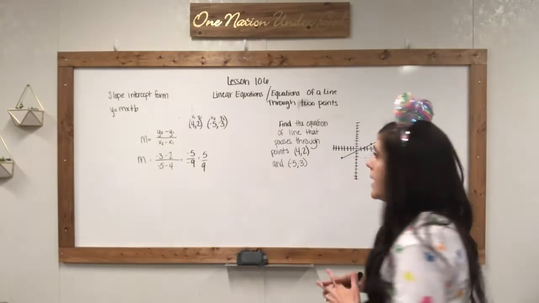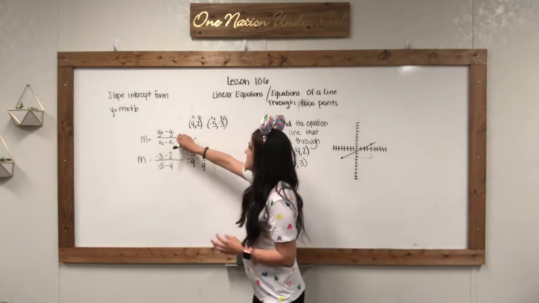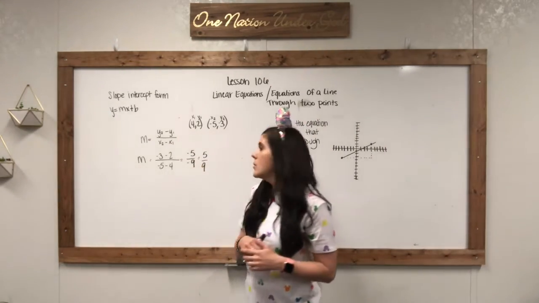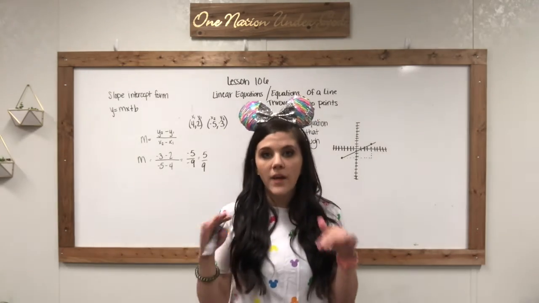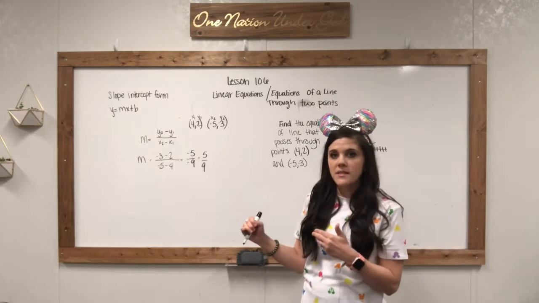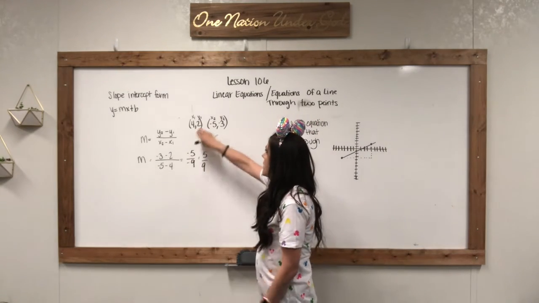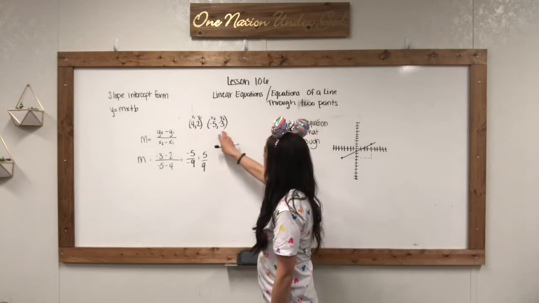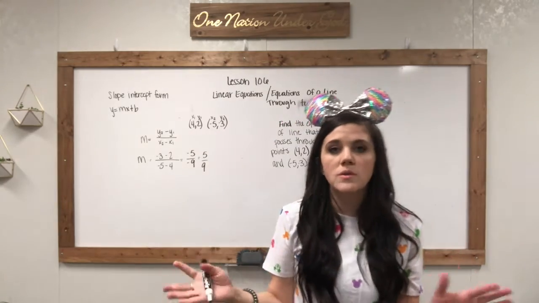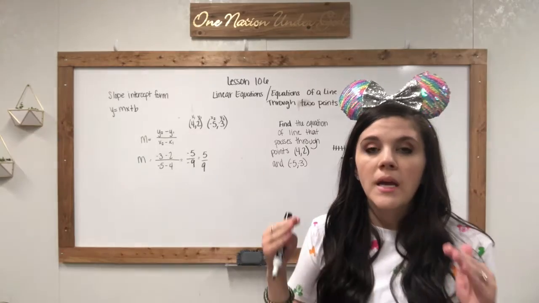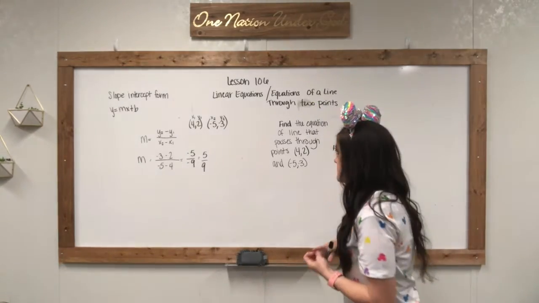Another way is to use this formula: m equals y2 minus y1 divided by x2 minus x1. It does not matter which set of coordinates you use as your 1s or your 2s. You will get the same slope either way that you do it.